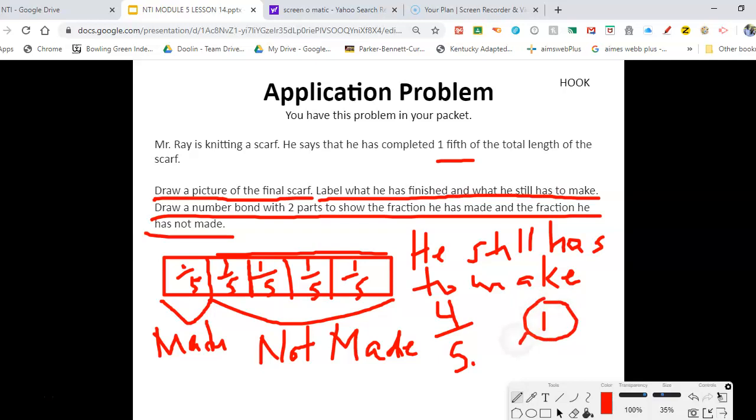We know that he has made 1/5, and he still has to make 4/5. Okay, so we know that he still has to make 4/5 of the scarf. Excellent job, and if you need a little more time on this, remember to push pause, and then you can restart it when you're finished.